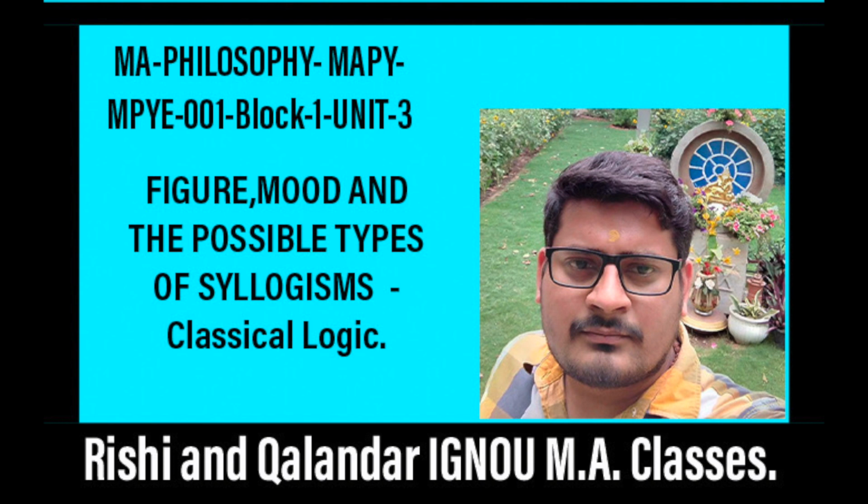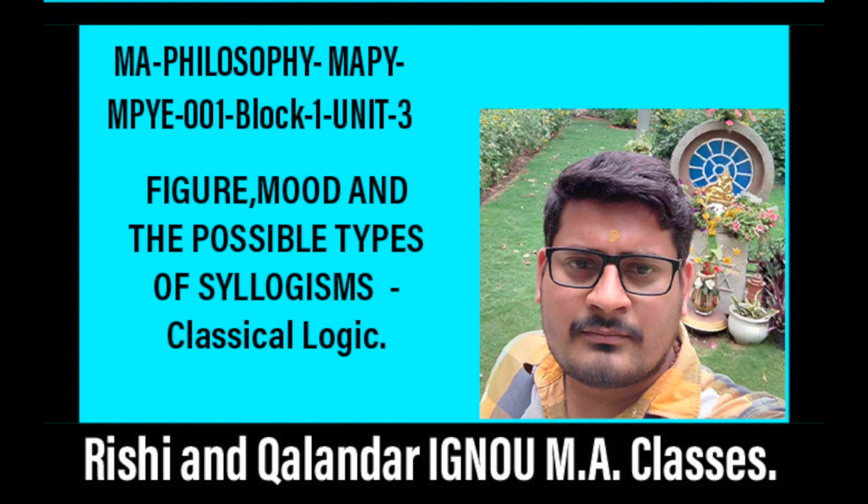Two, sorites. If an argument consists of three or more than three premises, then such an argument is called sorites. It is also called polysyllogism. There are two kinds of sorites: Aristotelian sorites and Goclenian sorites.